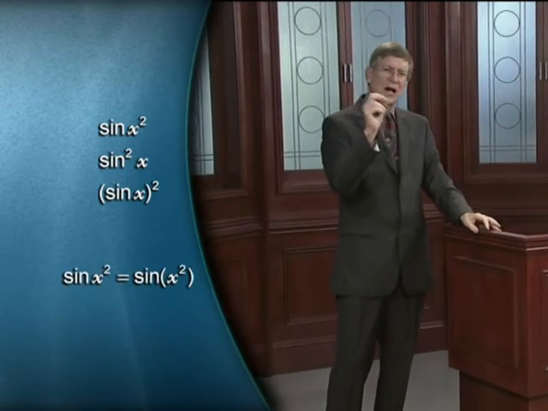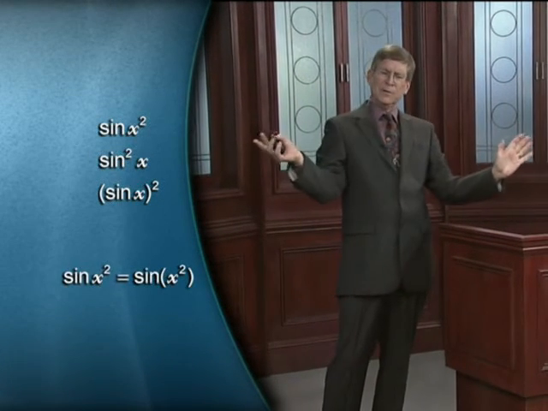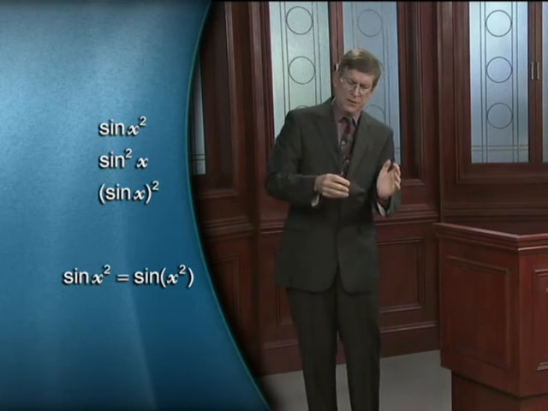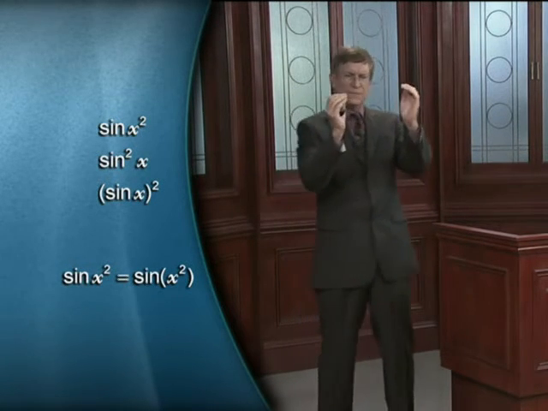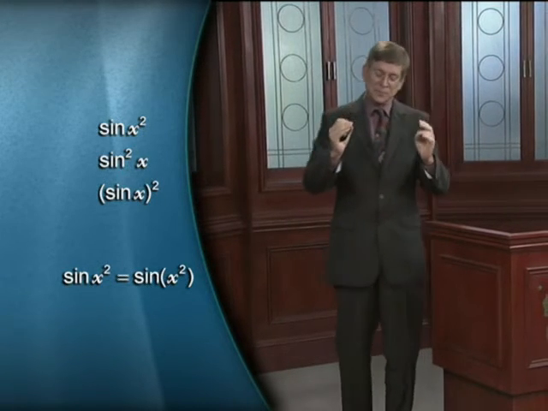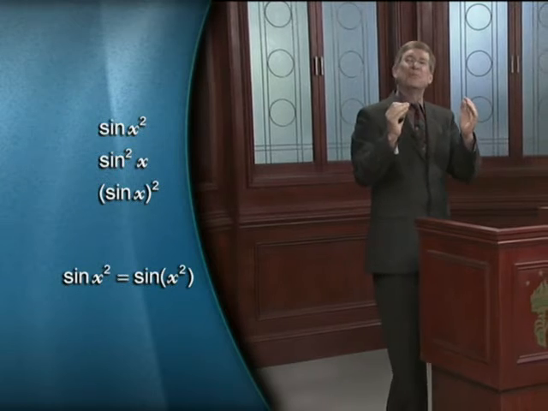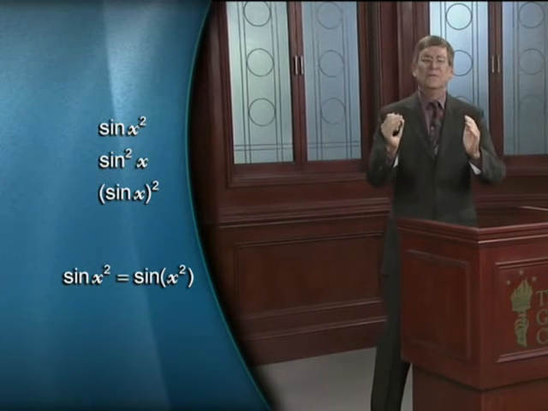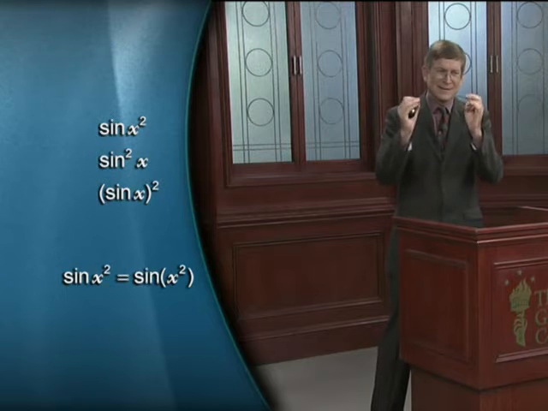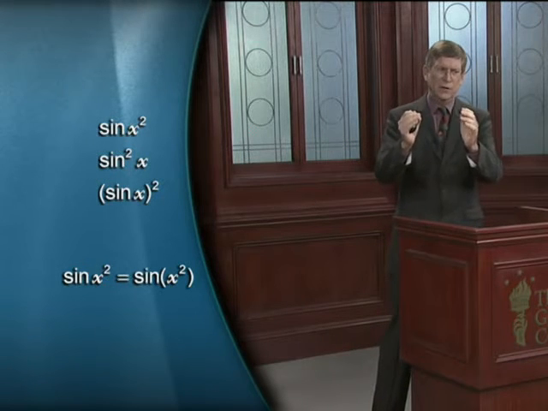Well, sine of x squared without any parentheses at all is equivalent to sine of the quantity x squared, as if you had parentheses around the x squared. And in fact, it's probably preferred to put those parentheses there, just to be extra sure the reader understands that it's sine of the quantity x squared.